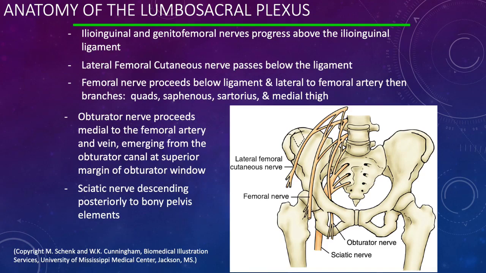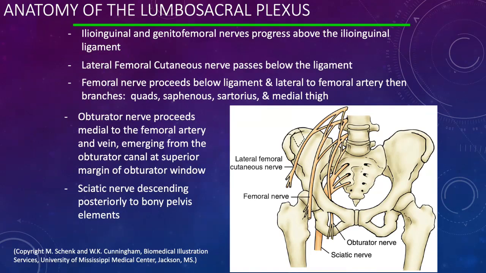inguinal ligament, whereas the lateral femoral cutaneous nerve, which runs between the tensor fascia lata muscle and the vastus, passes under the inguinal ligament, but is purely sensory.